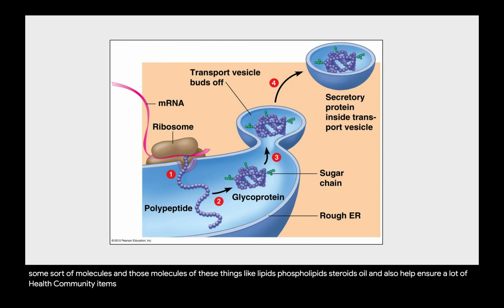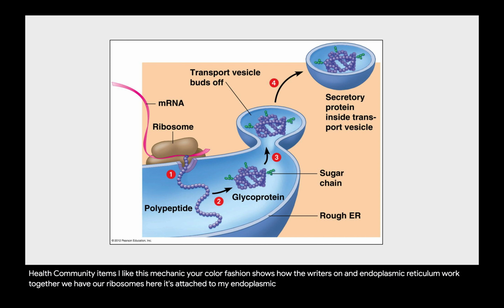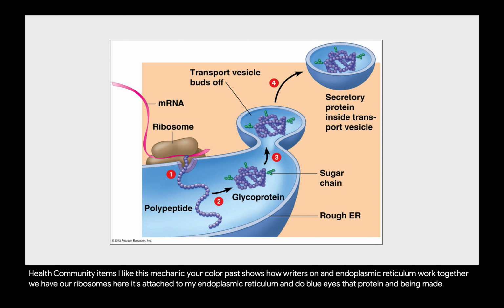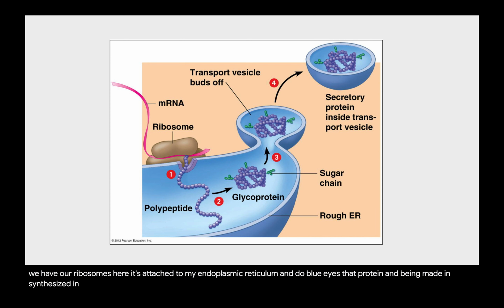Now, I like this next image here because it shows how the ribosome and the endoplasmic reticulum work together. We have our ribosome here, attached to my endoplasmic reticulum in blue. As that protein is being made, being synthesized inside of the rough ER, it goes through all its stages of folding until it's either a fully fledged protein or pretty close to being one.